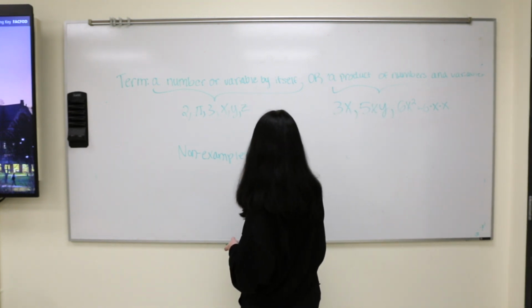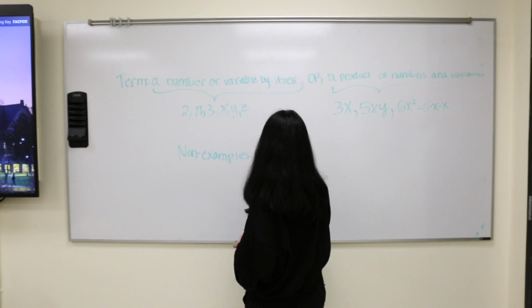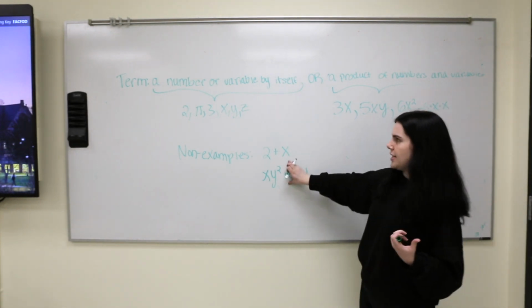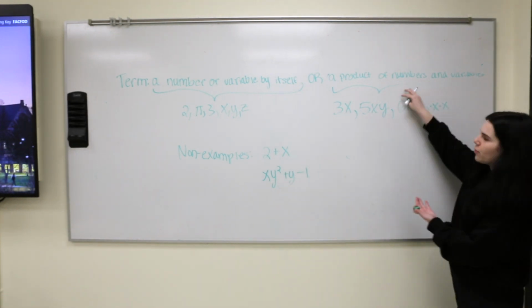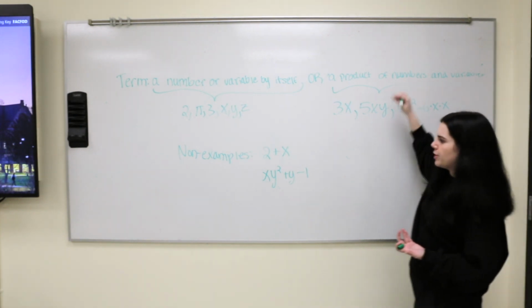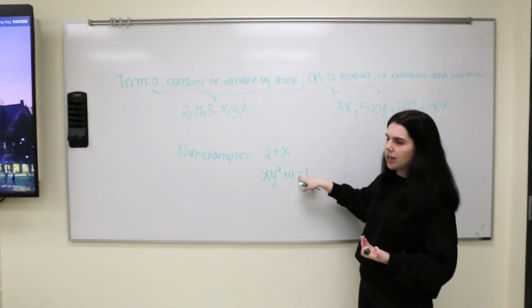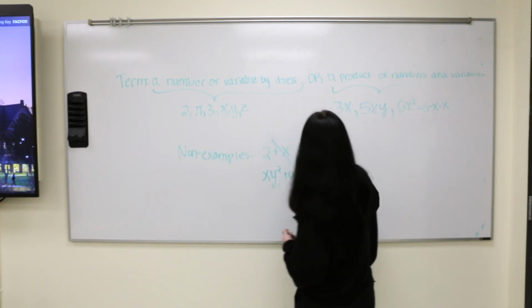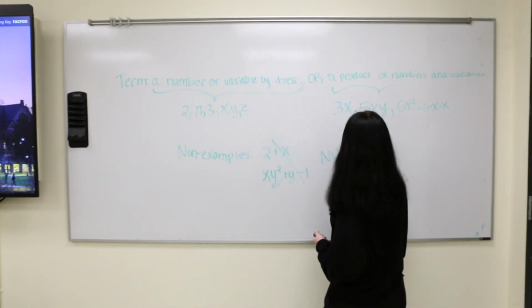Something else that is not a term would be xy squared plus y minus 1. Again, this is not a number or variable by itself, and it's not a product of numbers and variables because we have an addition and subtraction sign separating them. So these 2 things are not terms.